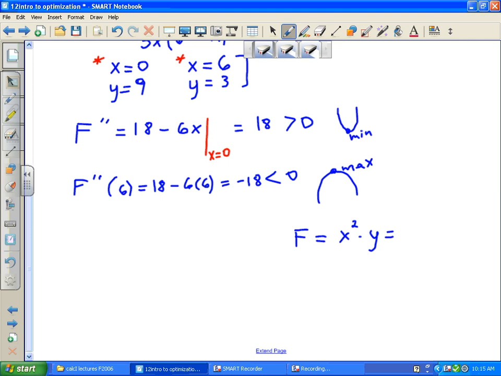And the first number is what we called x. So you're going to multiply the square of that times the second. And I believe that turns out to be 108. So this is the highest value for the function. So if you try any other combination of two numbers x and y that add up to 9, we expect that we're going to get something less than 108 when you put it into the x squared times y function.